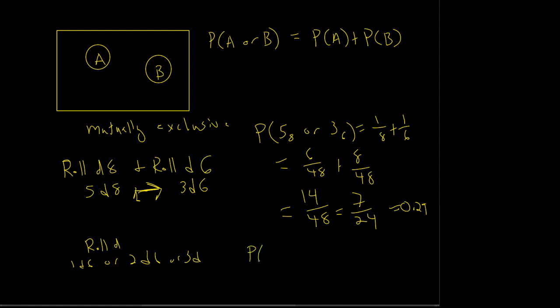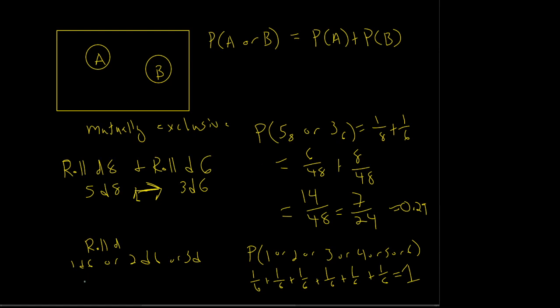So the probability of rolling a 1, or a 2, or a 3, or a 4, or a 5, or a 6 on a D6, that would give me 1/6 plus 1/6 plus 1/6 plus 1/6 plus 1/6 plus 1/6, or 1. My probability of rolling any of the possible outcomes with that OR statement should cover my sample space. And that gives me the possibility of 100% guaranteed.